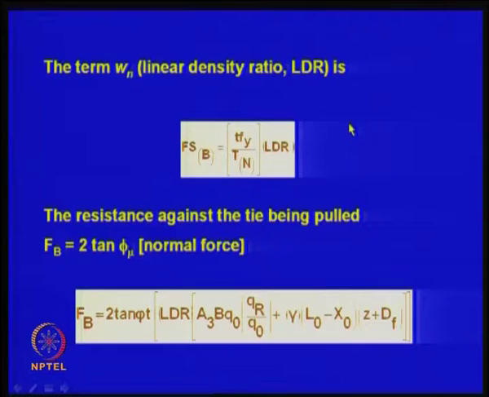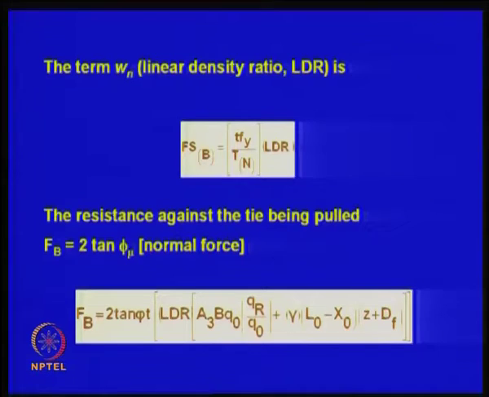Like say for example, if I say 50%, it means instead of the full 1 meter, only 50% tension members are present. If it is fully occupied, we say the linear density ratio is 100%. Or if in 1 meter you have only 2 or 3 rods, calculate the diameter of each rod.